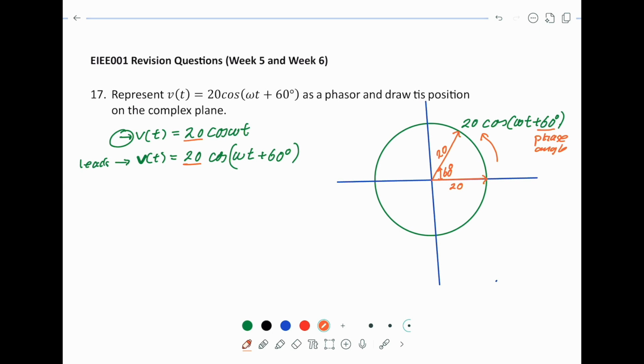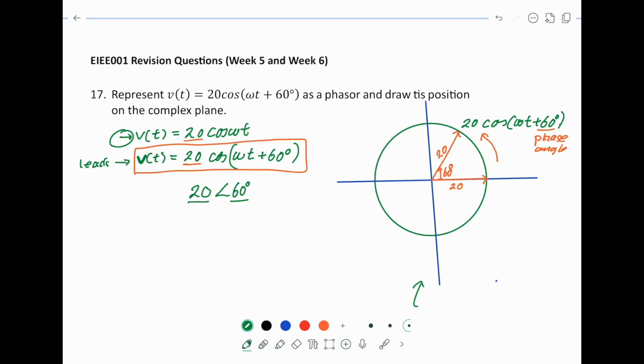Remember, in science and engineering, we always rotate angles anti-clockwise to mean positive. Instead of writing this in the time domain, we write just the amplitude and the phase angle, positive 60 degrees. This is the way to write the signal in phasor form. It only focuses on the amplitude and the phase angle, and you should supplement it with the frequency.